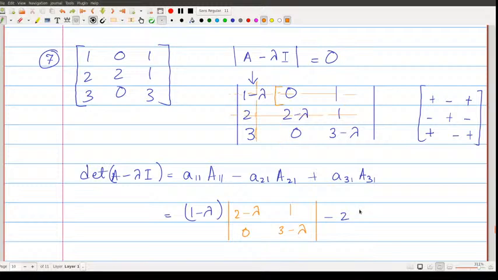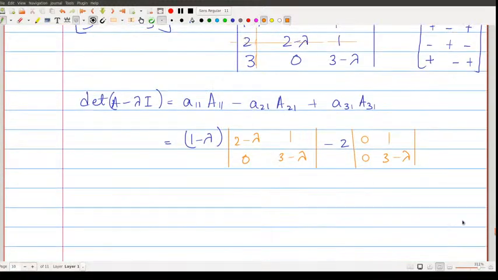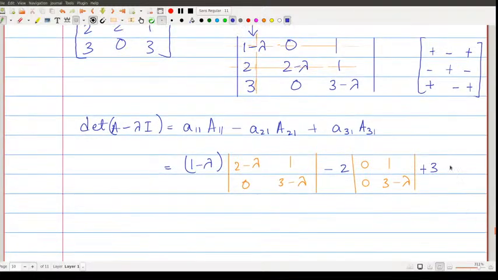So I can write that down here. And that's going to be the determinant of 0, 1, 0, 3 minus lambda. And you can see that it's already getting a little complicated, but we have some nice entries, zeros here, so that might simplify my example. And then finally plus 3, and I'm just going to write that down. That is going to be 3.